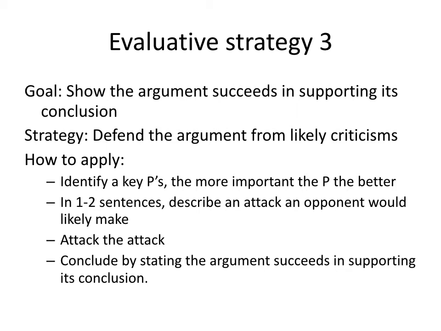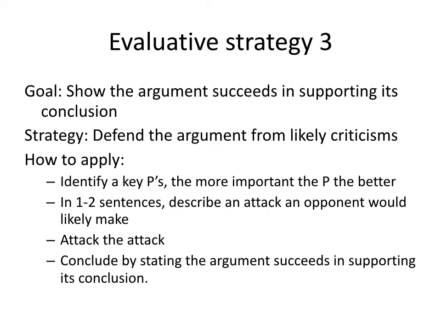How do we do that? Identify a key premise of the argument, and the more important the premise, the better. So for a really strong application of strategy 3, you will find the most important premise of the argument or one of the most important premises, but just one. And in 1 to 2 sentences, describe an attack an opponent would likely make against that premise.